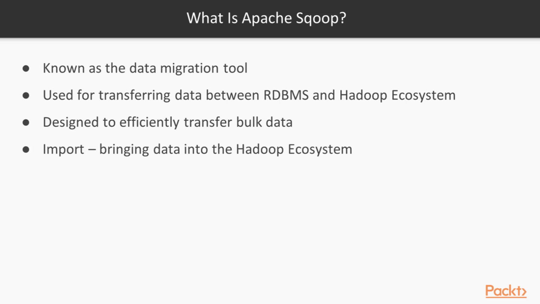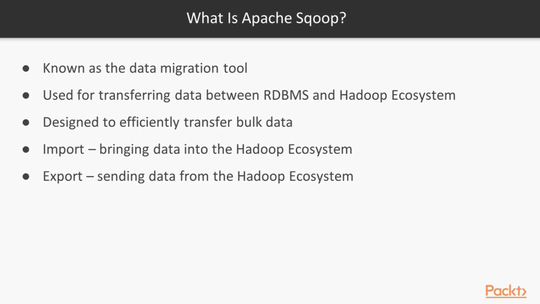Import is nothing but bringing data into Hadoop from an outside system such as an RDBMS. And the second one is export, which is sending data from the Hadoop ecosystem into outside systems such as an RDBMS.